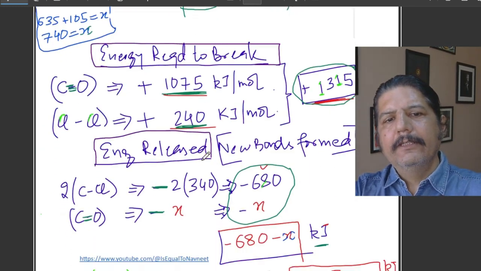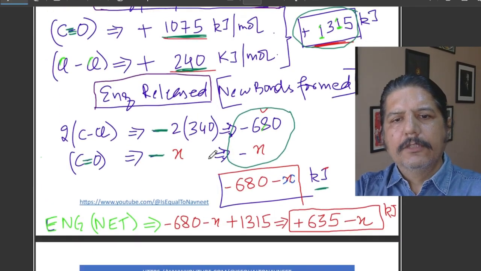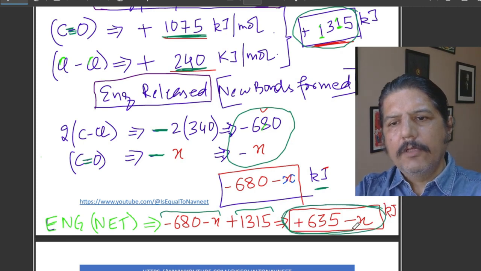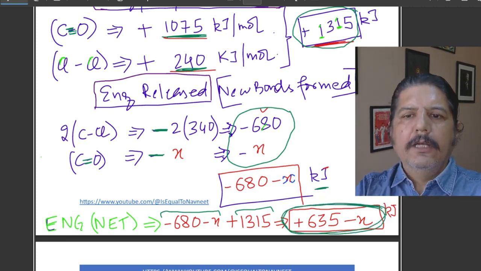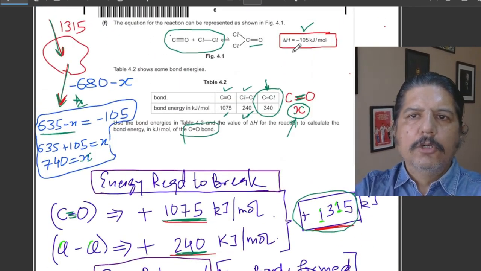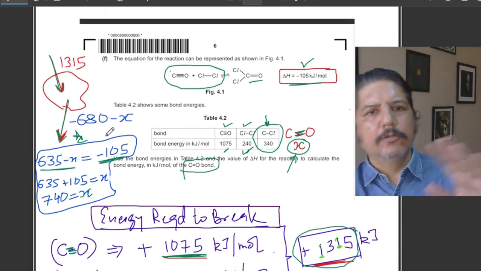So what is the net energy released? I will use minus 680 minus X plus 1315. So 635 minus X is the net energy released. Then I equate this 635 minus X to minus 105. I hope this makes sense.